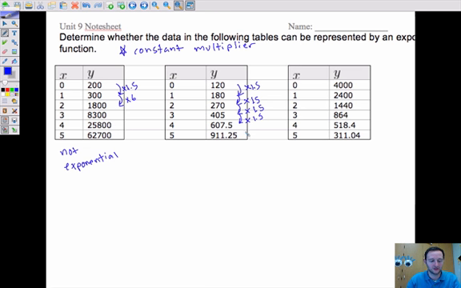And 911.25 divided by 607.5 is 1.5. So it does have a constant multiplier. So it's exponential.